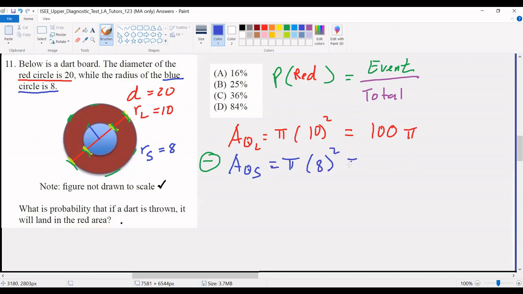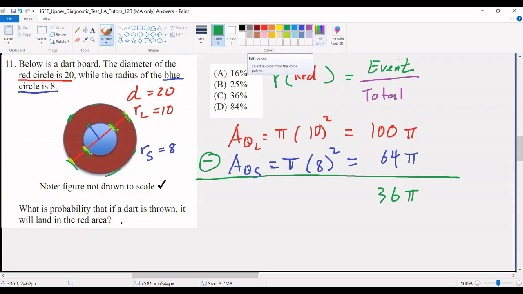In this case, it's 8. So we get 64 pi. Now we subtract these quantities from each other, and 100 minus 64 will give us 36, and our pi's will be left over.